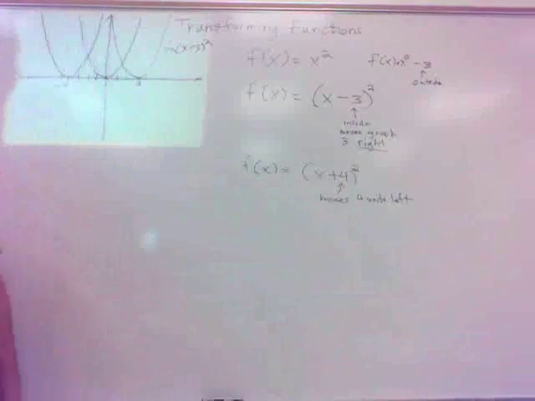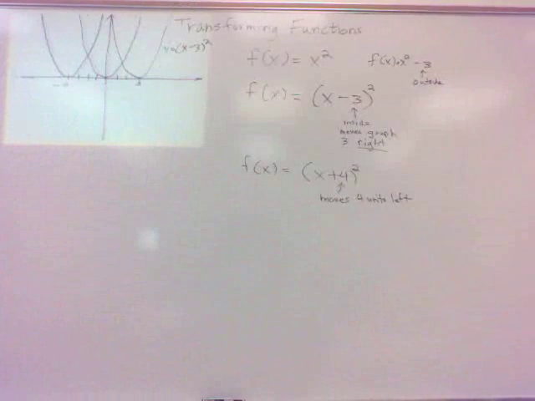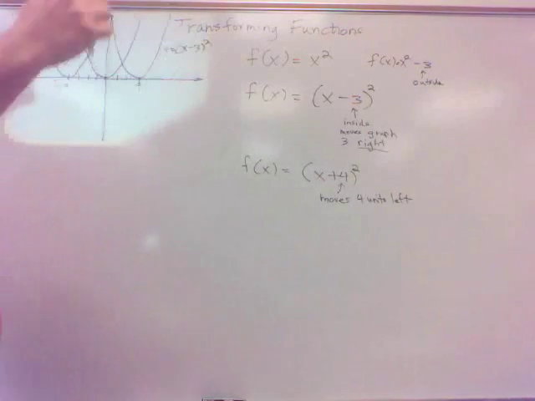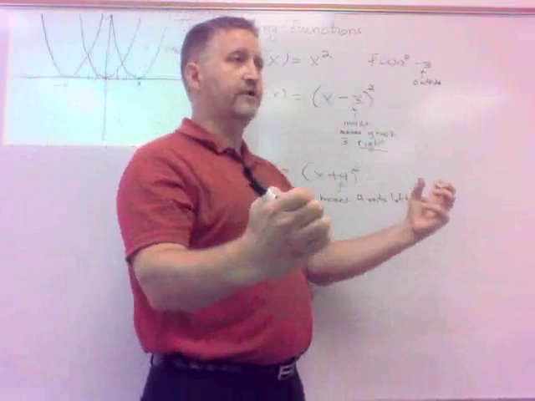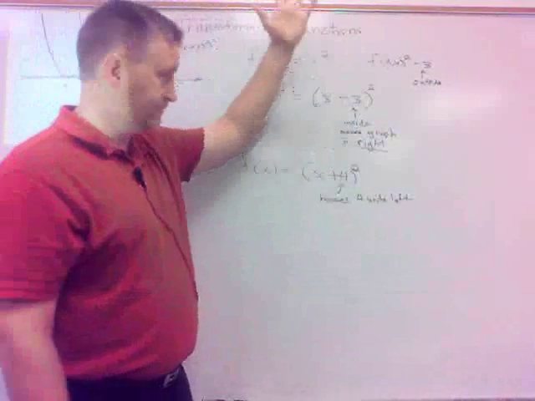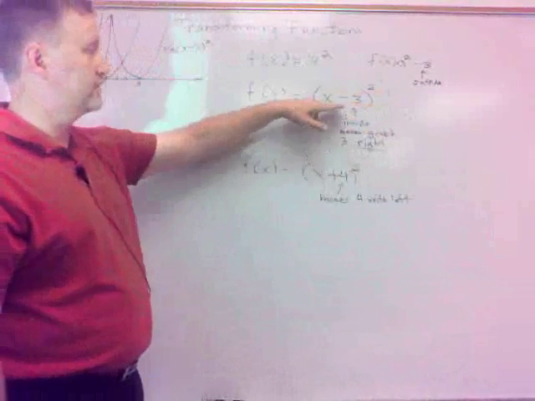All right, so that one's actually a little bit trickier than the other. On the other, when the minus was on the outside, that moved it down 3. Plus on the outside moved it up, up whatever the units were.